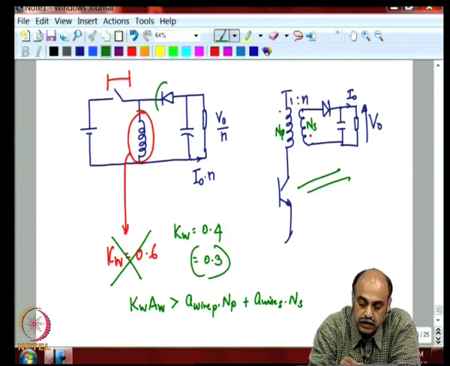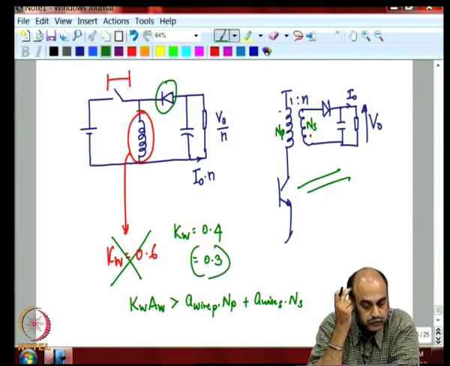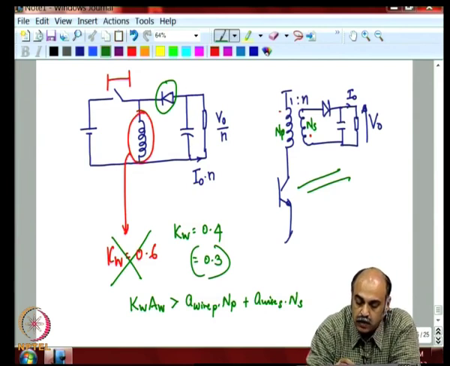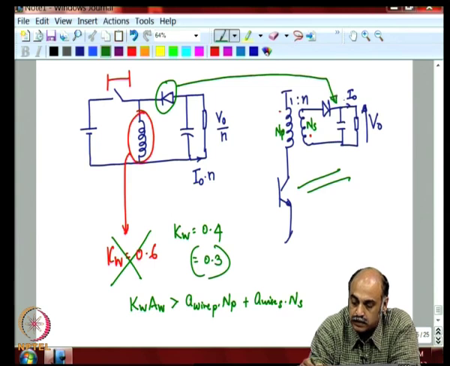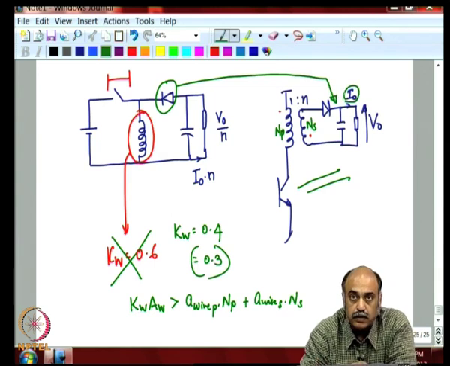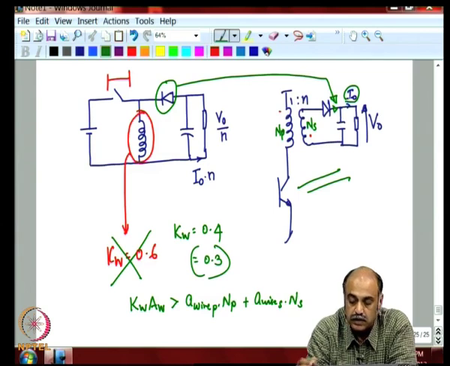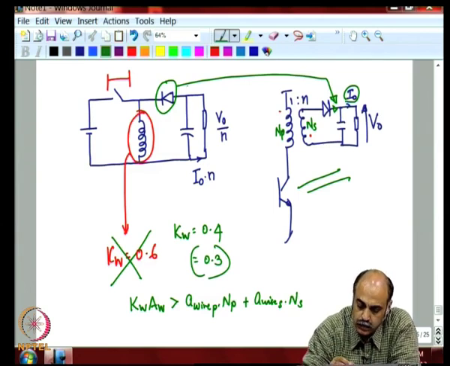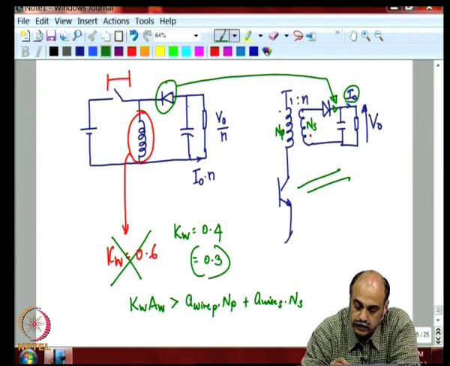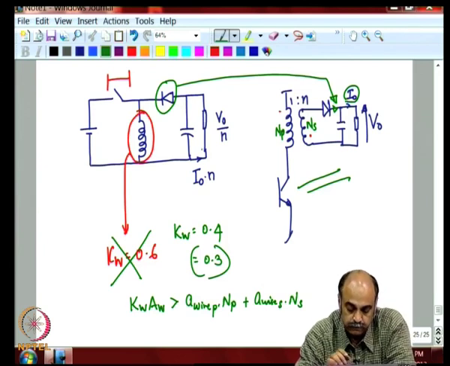Rate these diodes according to the secondary current flowing, that is the capacitance current and the I naught. So, accordingly rate the diode here without the n factor.